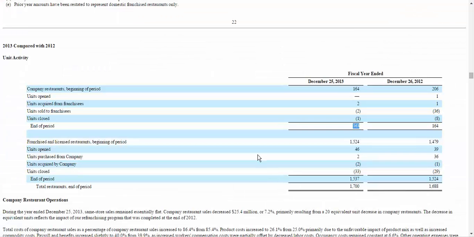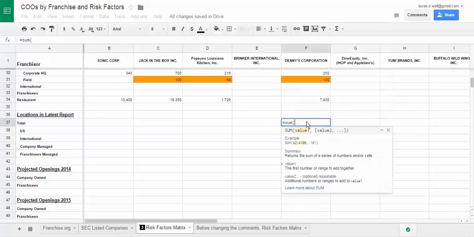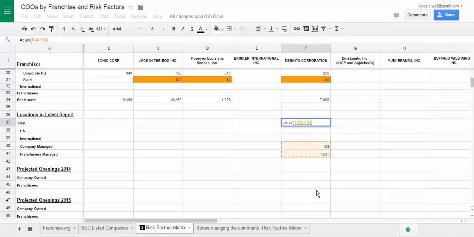And then we go back to that number, and at the end of the period, the ones that were franchised were 1537. So you have those two numbers, and now we know that the total number of restaurants is the sum of those two. We can add in there, it's 1700.